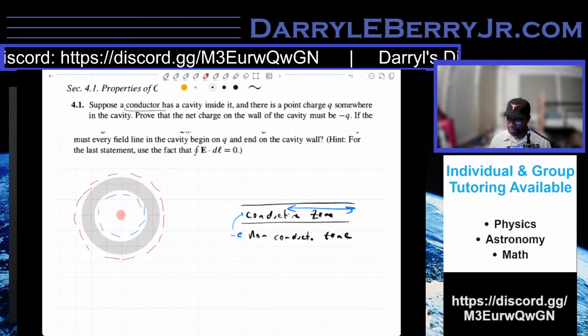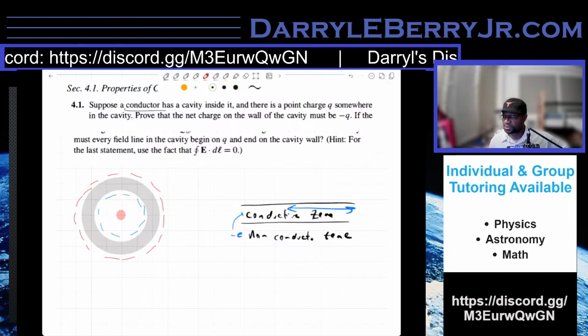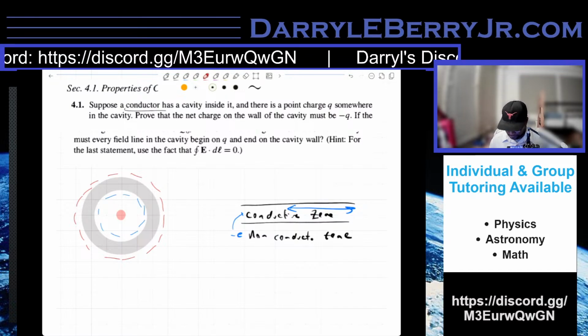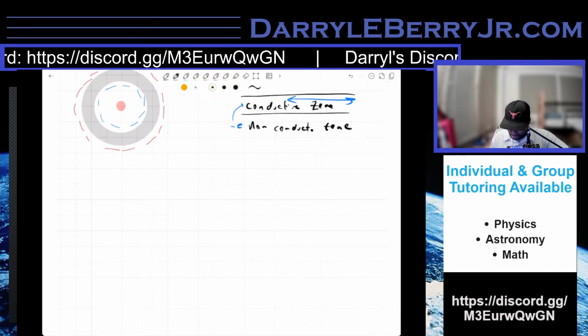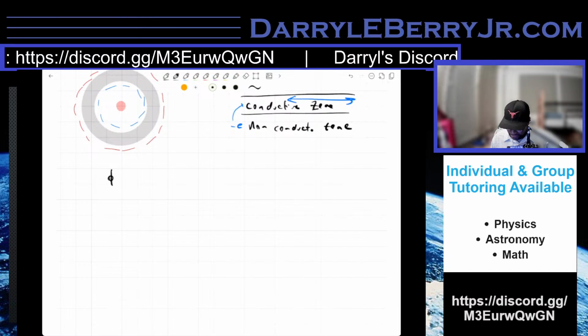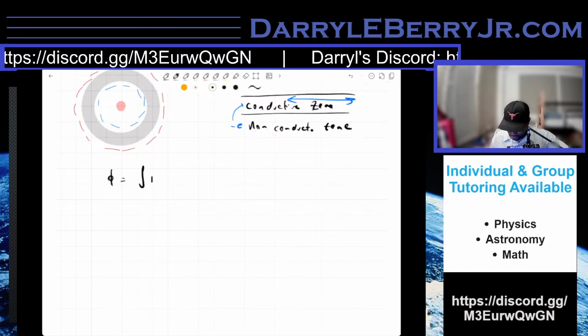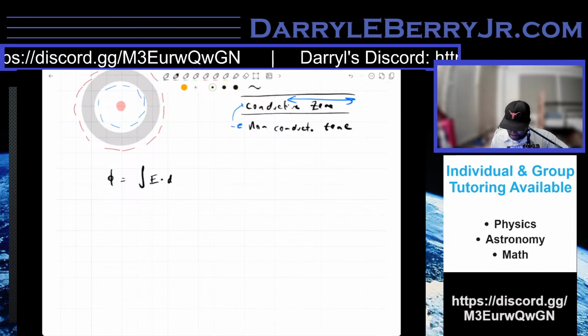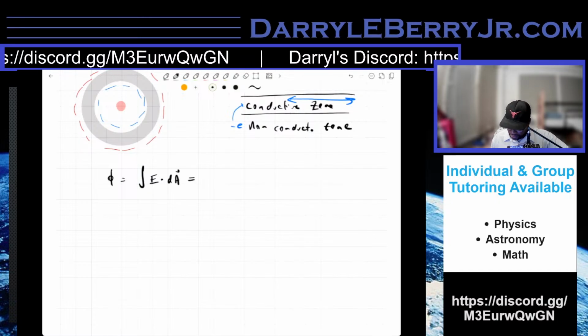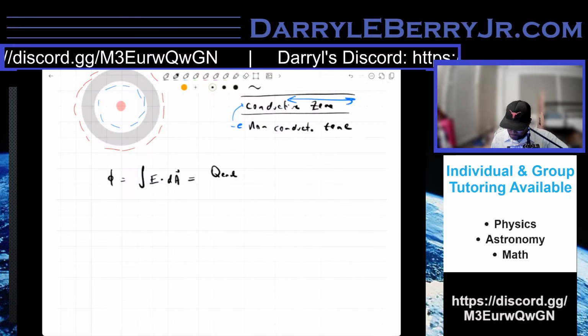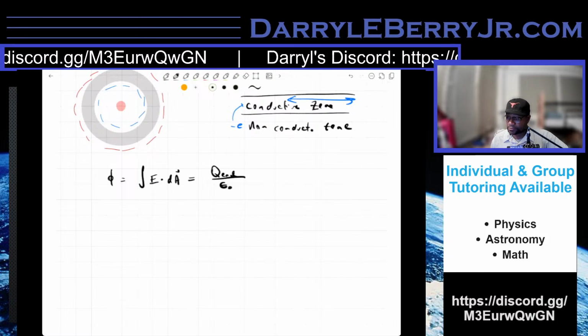Now the proof, let's see how they describe it. We know we have Gauss's law, where the flux is the integral of E dot dA equals charge enclosed over epsilon naught.